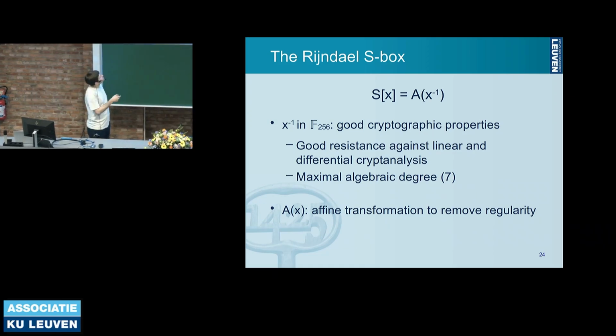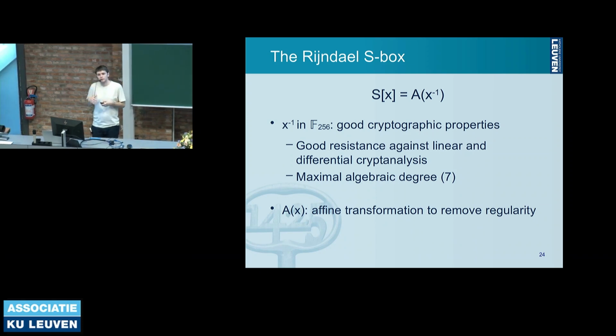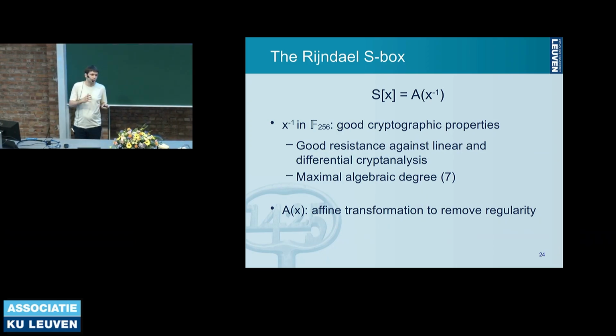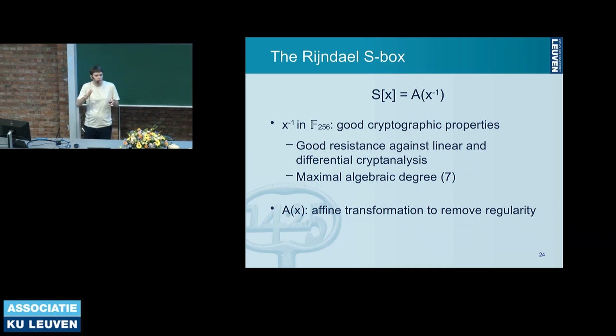By choosing inversion, it turns out to give very good properties against specific attacks. I will not go into attacks today, but for example there are attacks like linear and differential cryptanalysis. How strong a cipher is against these attacks depends on the overall structure, but also on the specific choice of your S-box.